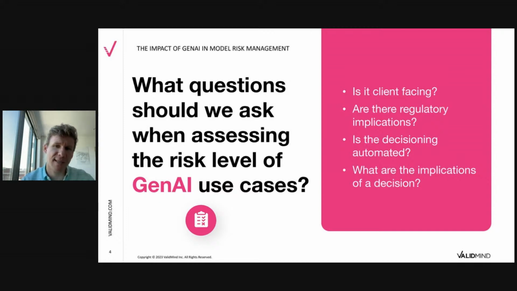And then finally, again, this is a bit more related to the regulatory implication, which is what are the ultimate implications of the decisioning of the tool? And by this I mean, what is it used for, right? So could it affect the safety of somebody? Could it affect the livelihood of somebody? Could it affect any sort of fundamental human rights?